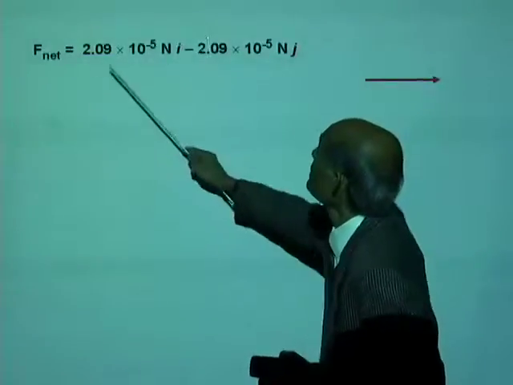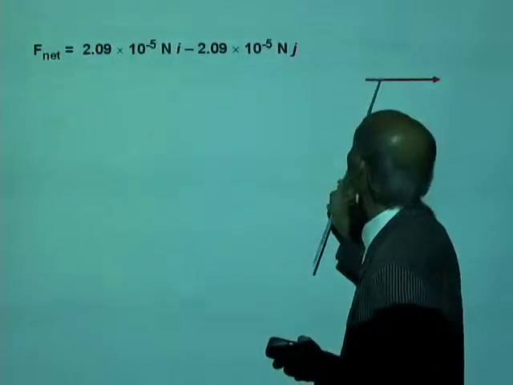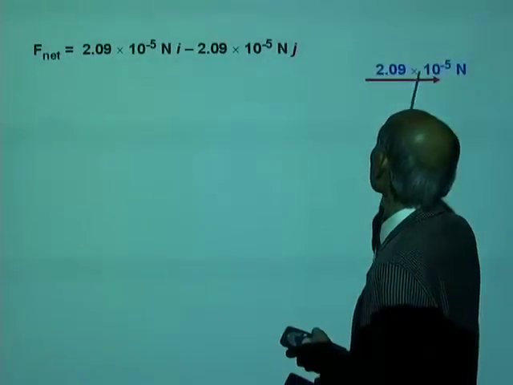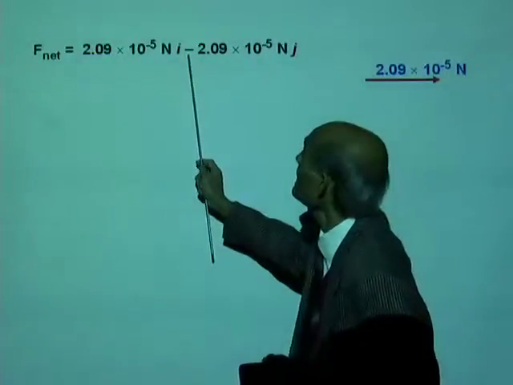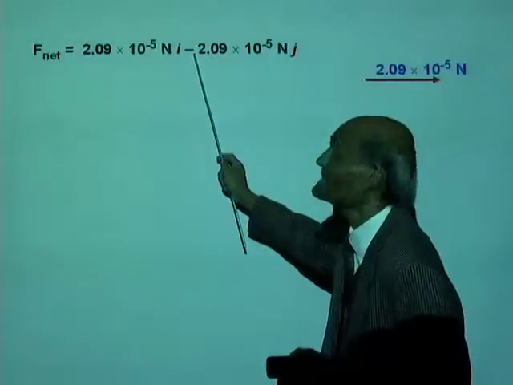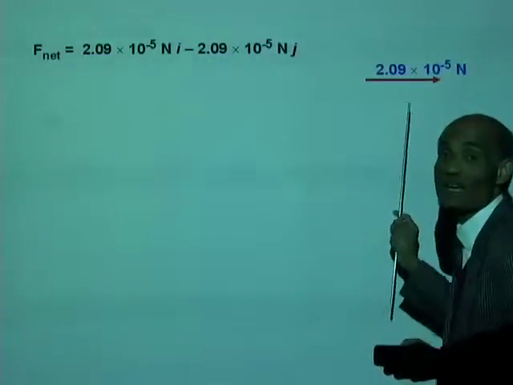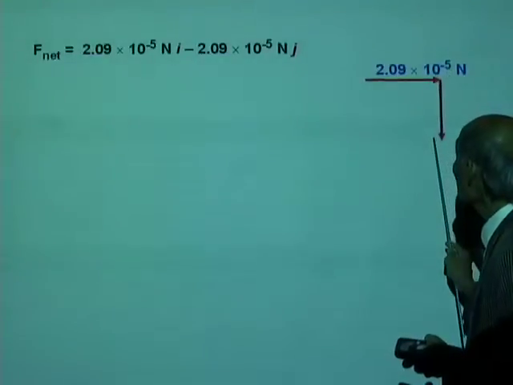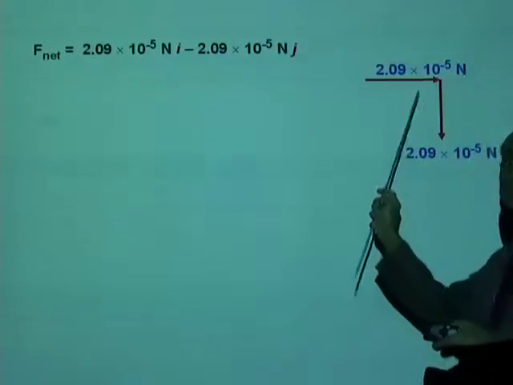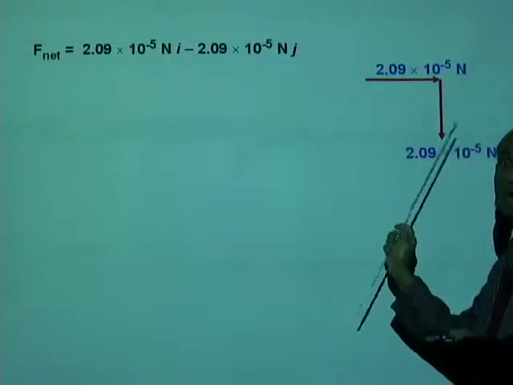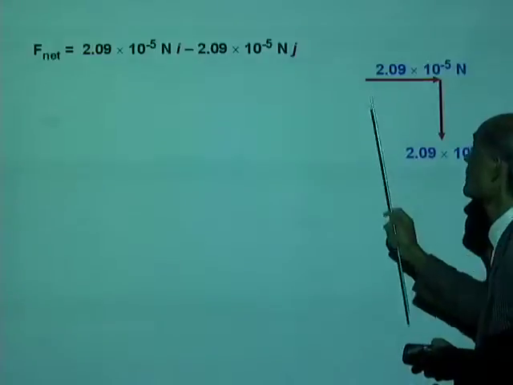Well, the net force is made up of an x component, 2.09 times 10 to the negative 5, and then its y component is negative 2.09 times 10 to the negative 5. That will be this vector. 2.09 times 10 to the negative 5 is a negative y. And we want to find the sum of the two.